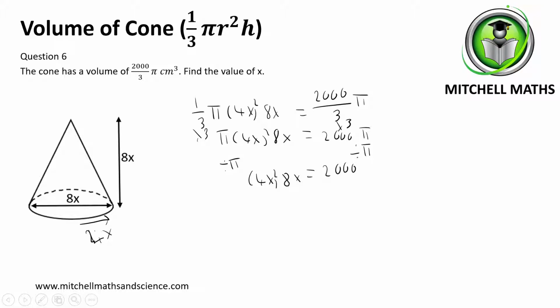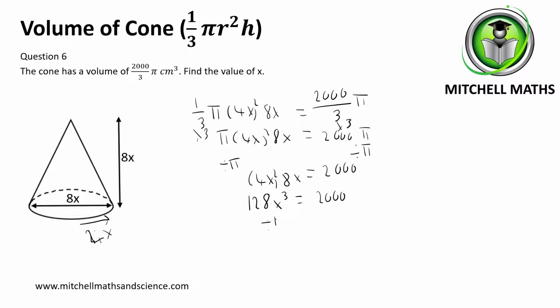Right, so if I do 4x times 4x to work out what 4x squared is, don't forget to square the 4 as well, that will give me 16x squared. And then I will need to multiply 16x squared by 8x. Well, 16 times 8, if you work that out on your calculator, will be 128. And I'll have 128x cubed equals 2000.